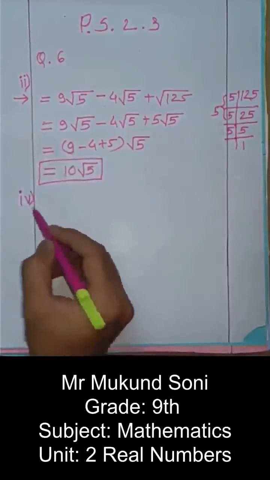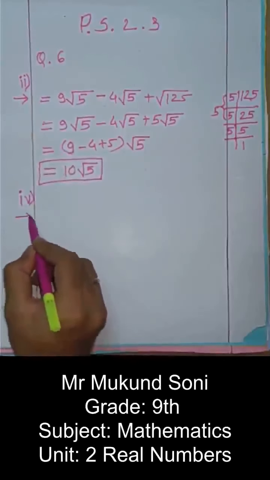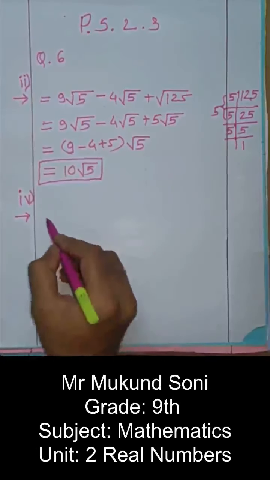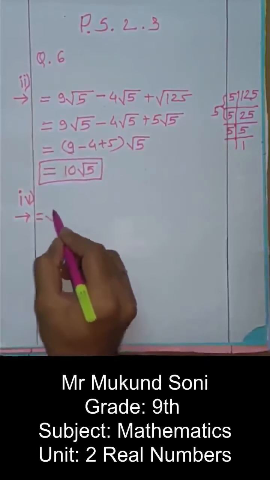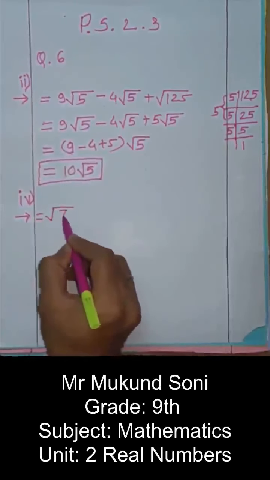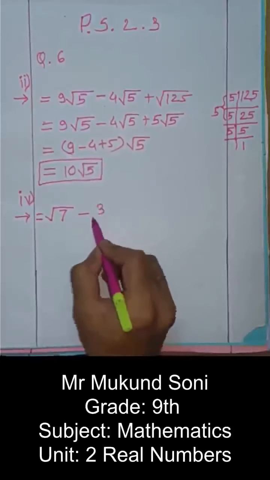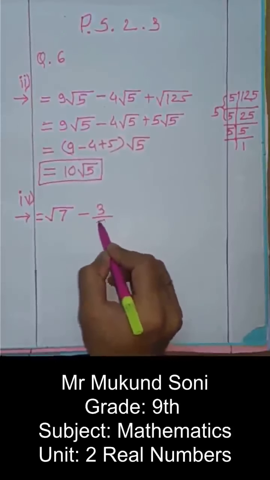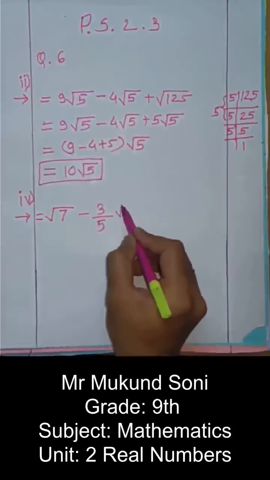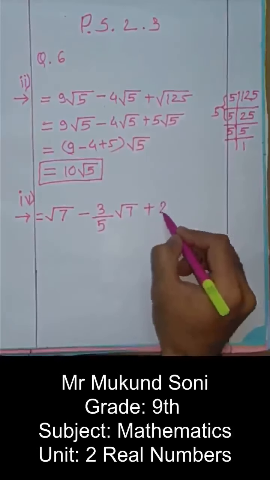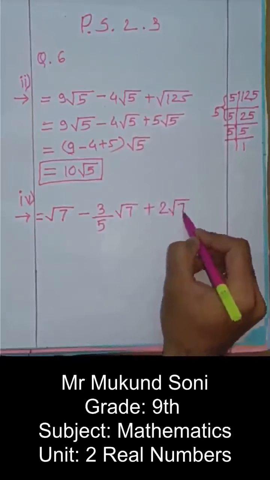Let's have one more example. Fourth example from the very same question. Start with an equal to sign always. Root 7 subtracted by 3 by 5 times root 7 plus 2 root 7.